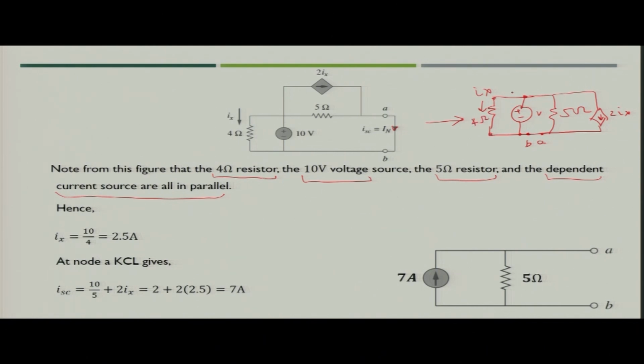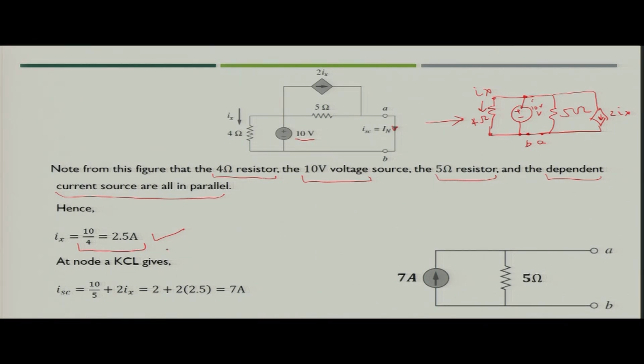So, with the help of this updated circuit you can easily find out the value of Ix is nothing but 10, that is the value of the voltage source 10 V, divided by 4 ohm resistance. So, now you get the value of Ix.